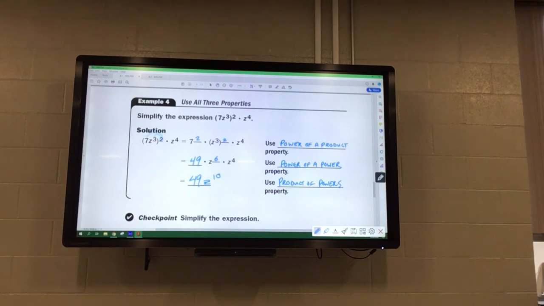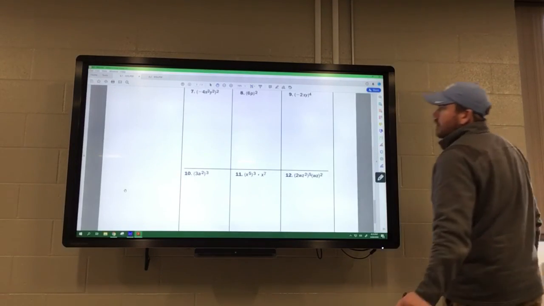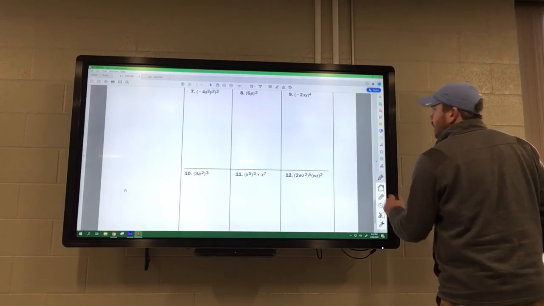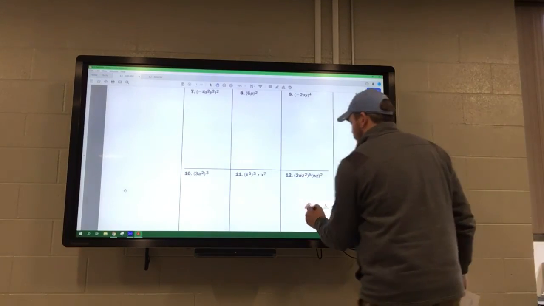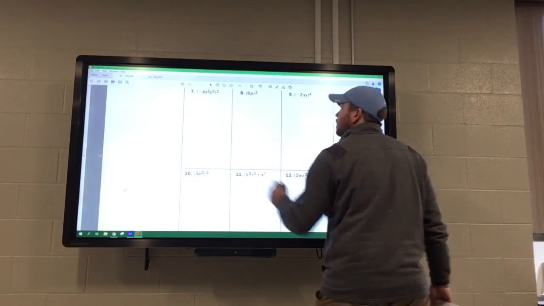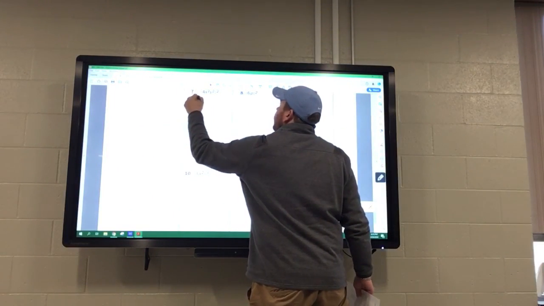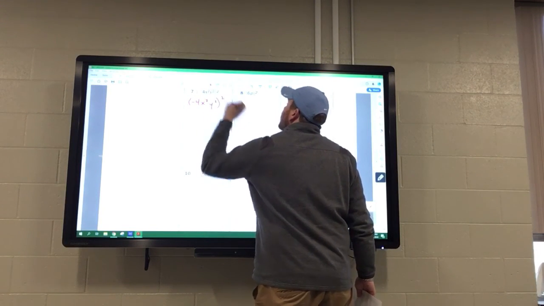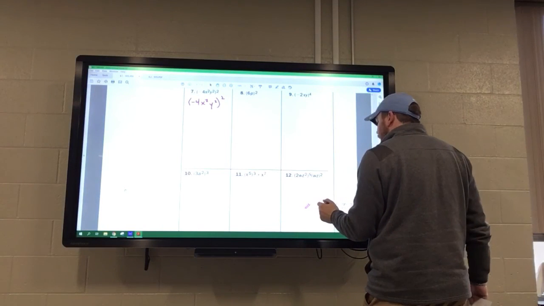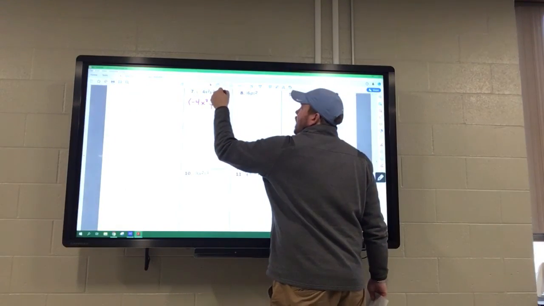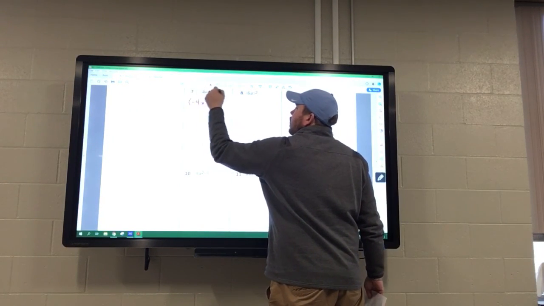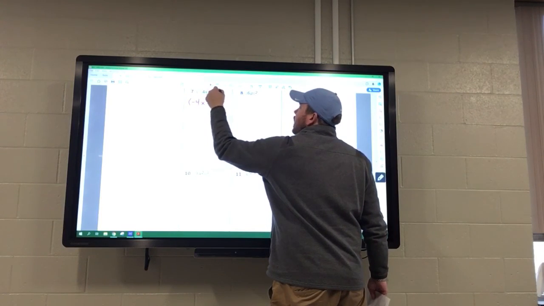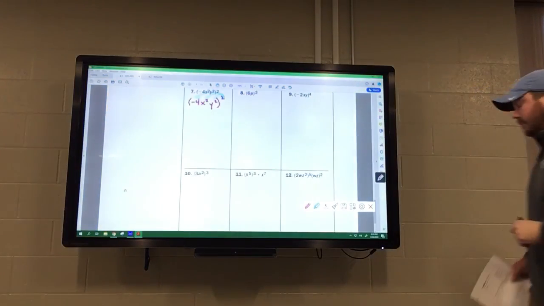All right, let's look at a couple more examples and we'll be done. All right, so number 7. What we have here, I'm going to rewrite it a little bigger. Negative 4x squared, y squared, all of that being squared. So what we're going to need to do here is apply this squared to the negative 4, to the x squared, and to the y squared.